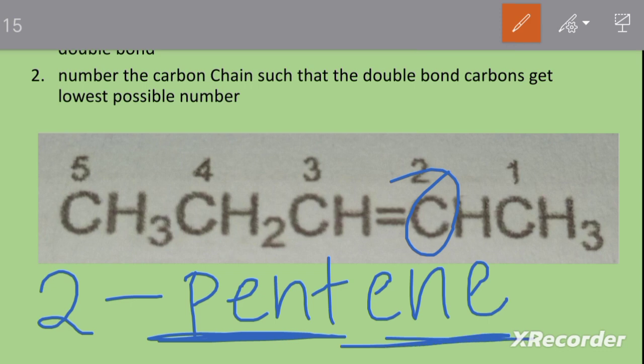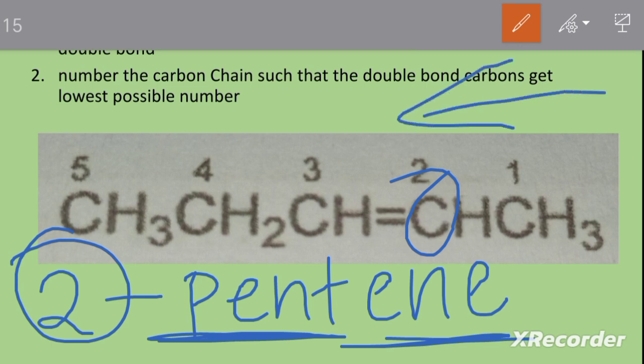Ene is for alkenes. We selected 2 because the second carbon atom contains the carbon-carbon double bond.